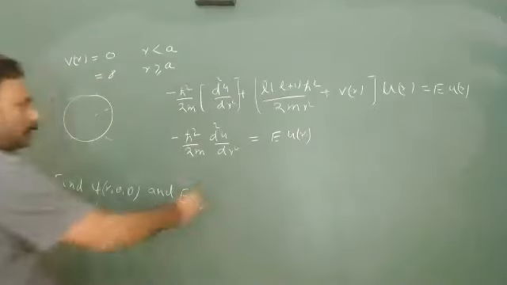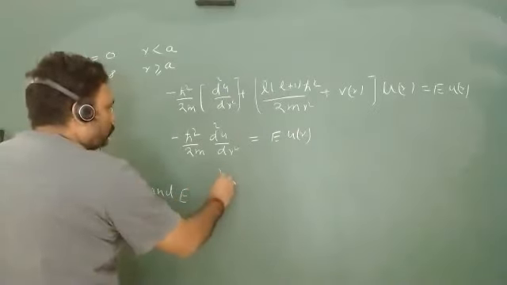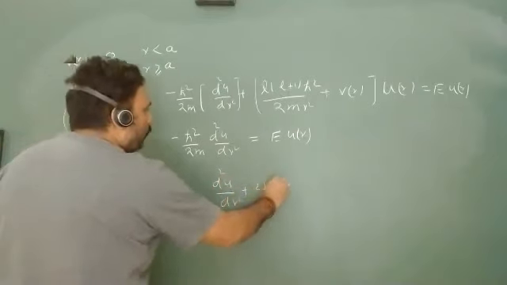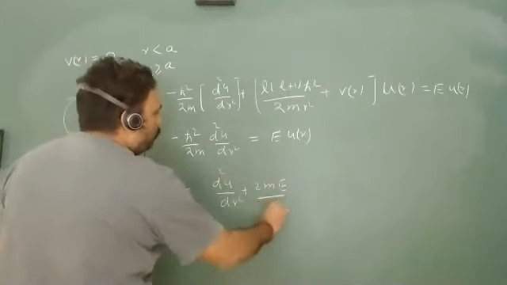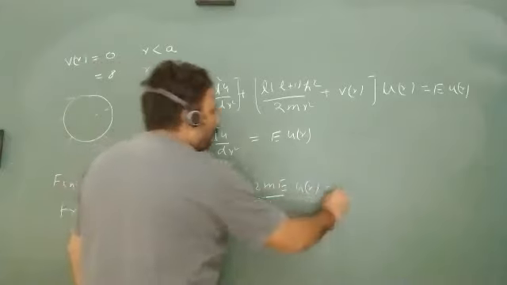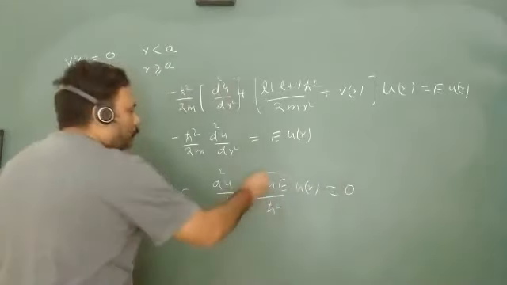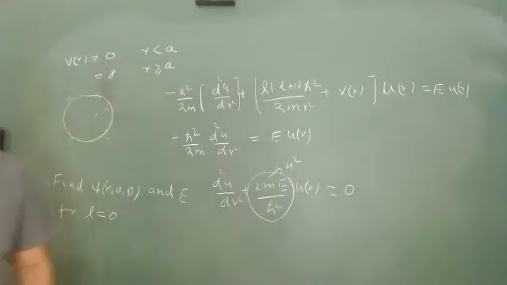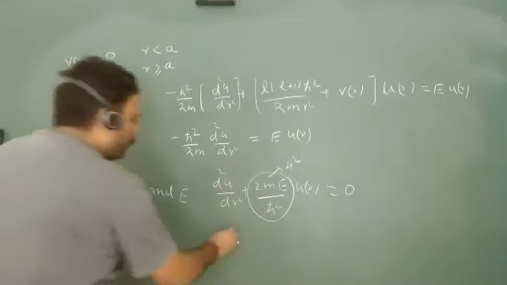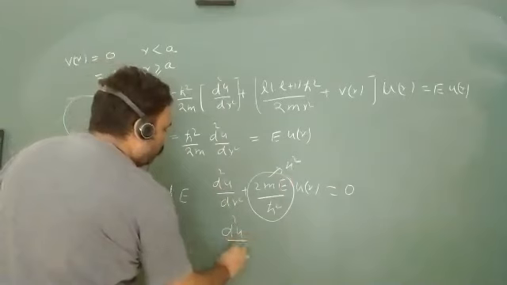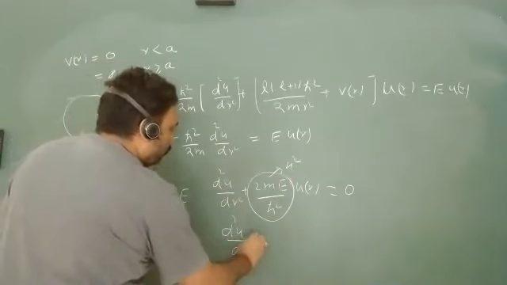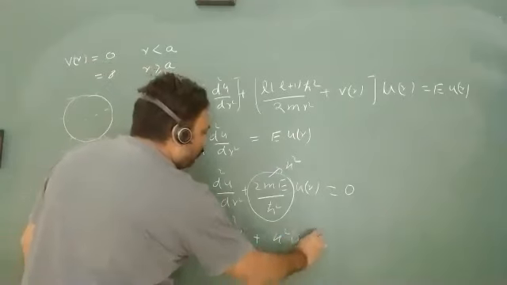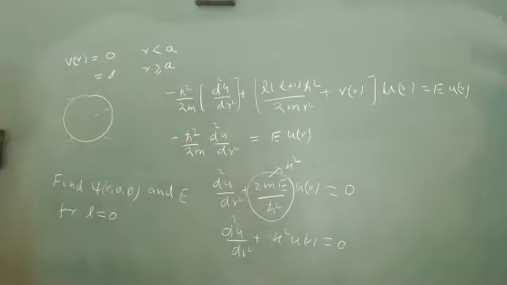And what will be the solution? The solution is d²u upon dr² plus 2mE upon ħ² u(r) is equal to 0. So I can put this thing as k². Remember? So this is exactly, you can get the answer: d²u/dr² plus k² u(r) equal to 0.